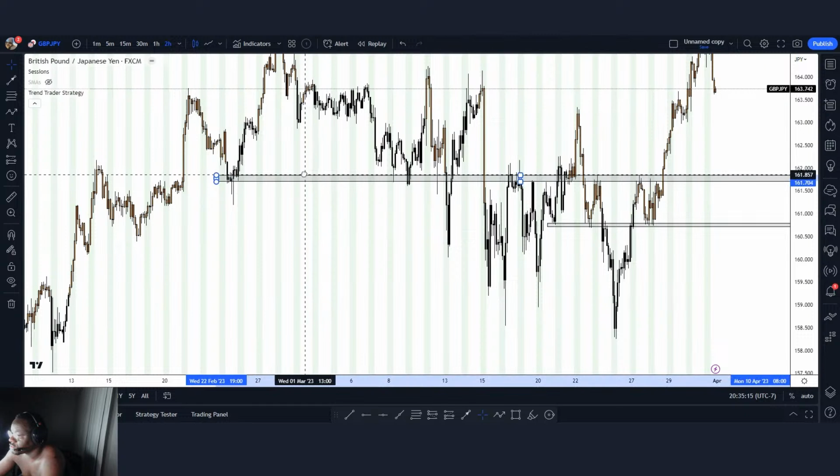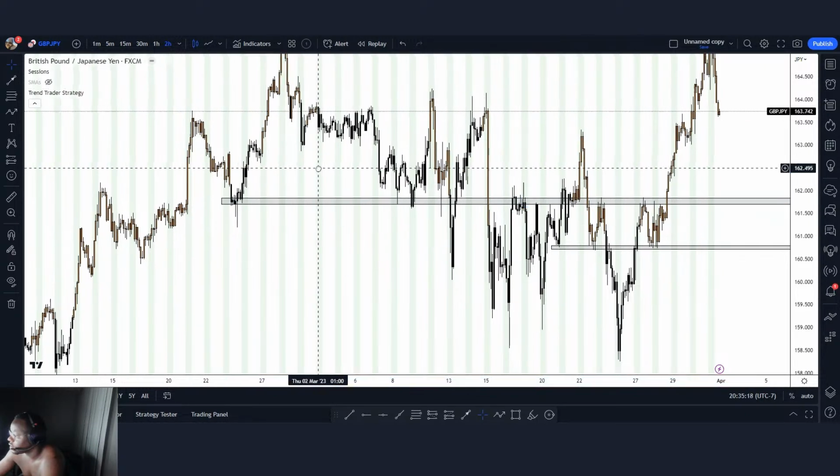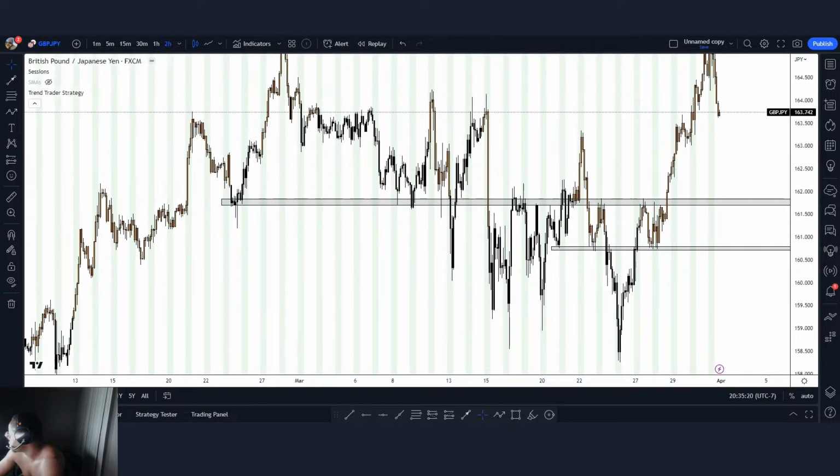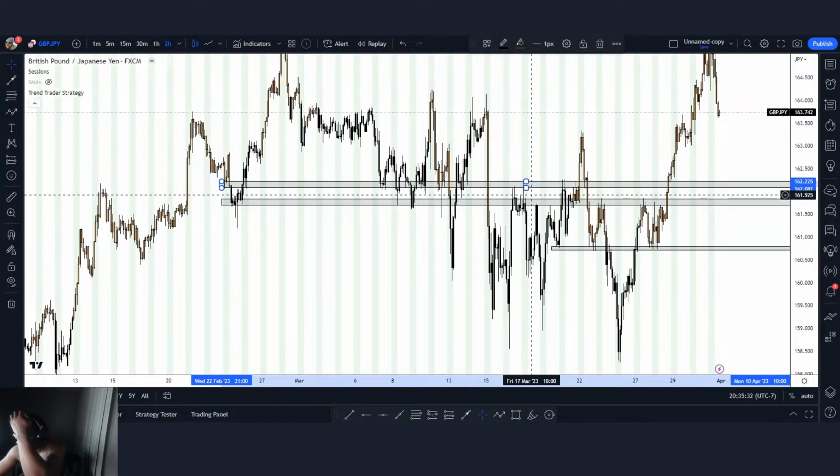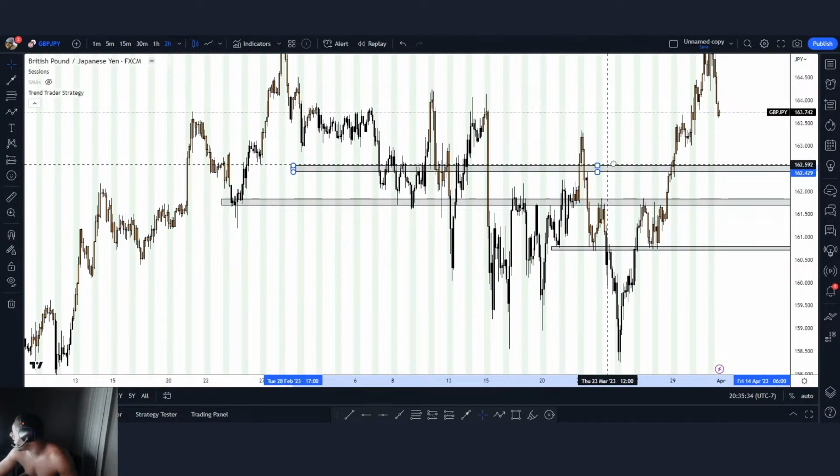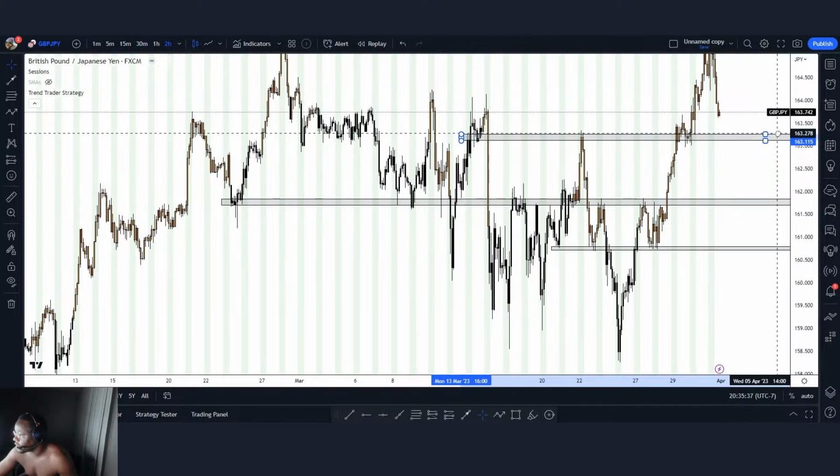So now we got these zones right here. So now we got those two areas. Now let's look for another area. We're gonna clone that. The next one I'm looking at is this one right here.